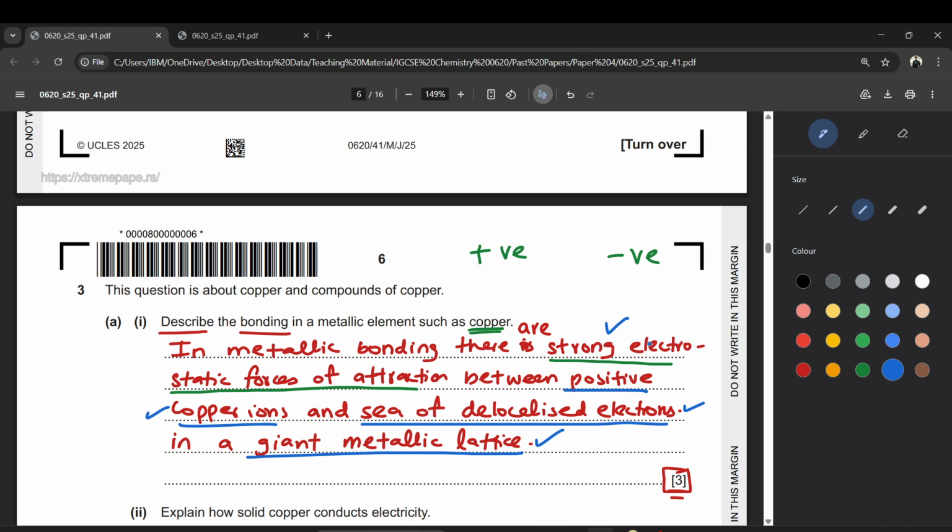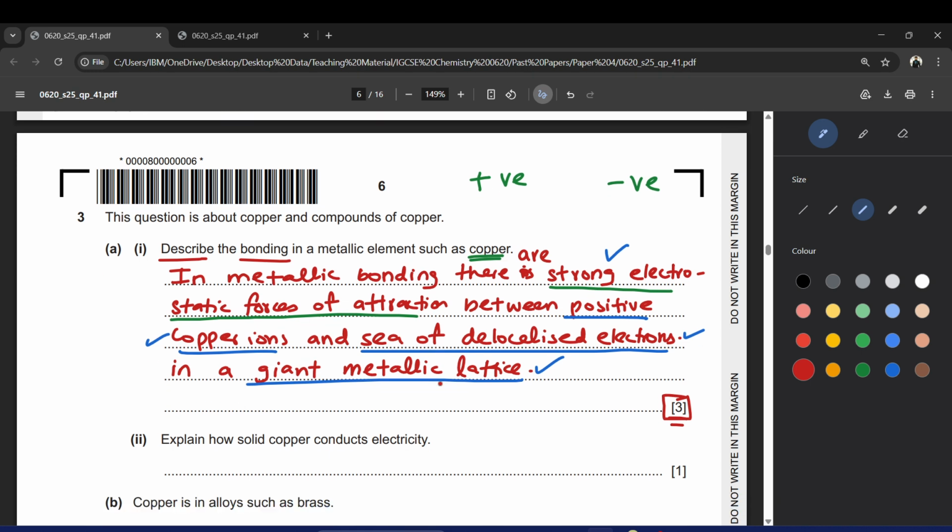The second mark will be strong electrostatic forces, and the third mark is going to be giant metallic lattice. Because you don't know your marking scheme, it is better to be on the safe side. So this is going to be a complete answer. If you can write this answer, then I'm sure that you won't lose a mark.